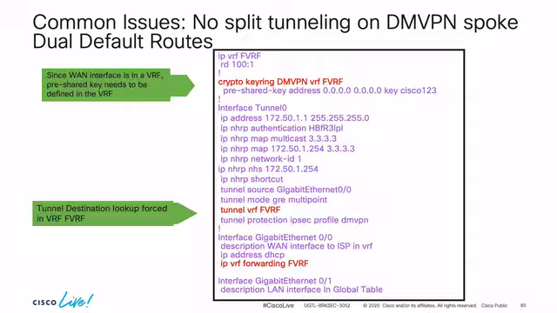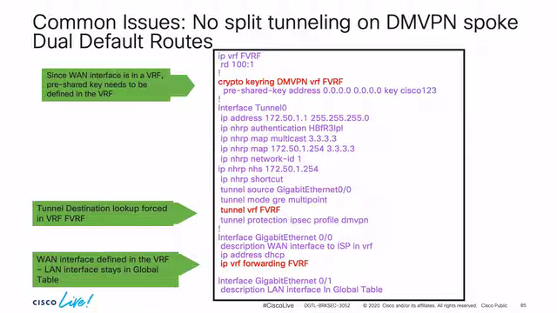As I said earlier, the WAN interface is defined in the VRF, whereas the LAN interface stays in the global routing table. So the tunnel source is going to be your WAN interface, whereas the LAN interface is still going to be in your global routing table.